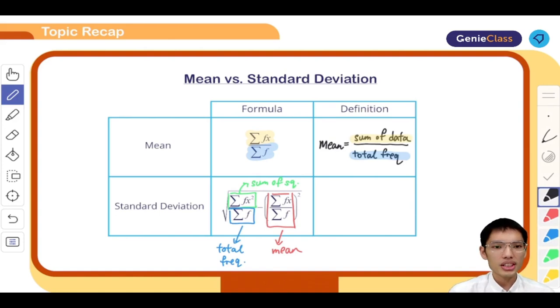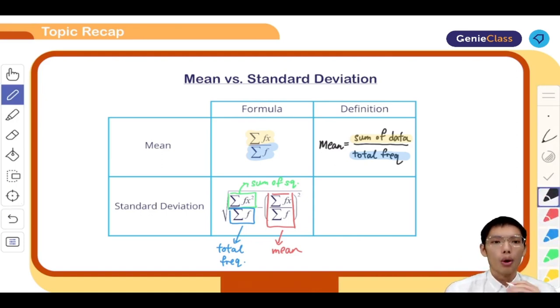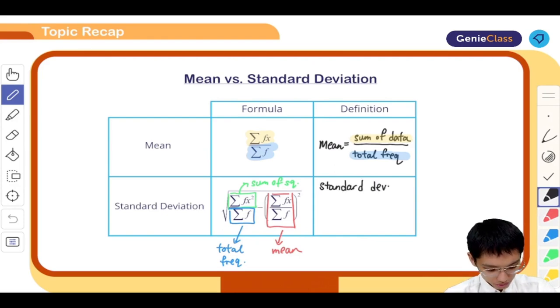Now, standard deviation, does anybody want to guess? Based on this formula over here, we have the mean, and based on this data over here, what are we actually doing when we are defining the standard deviation? What are we doing when we are subtracting the mean?